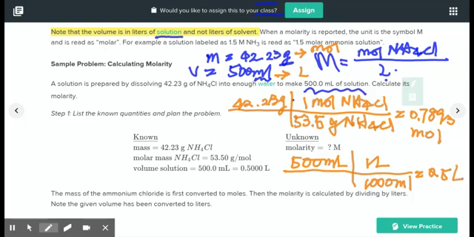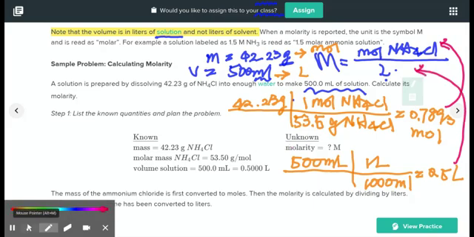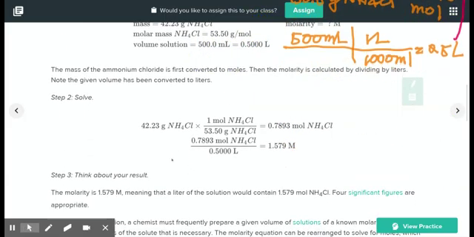Now you have both numbers. All you have to do is plug into your formula. Replace this, replace that, and then your answer is 1.579 molarity. That means you have 1.579 mole per liter of solution.